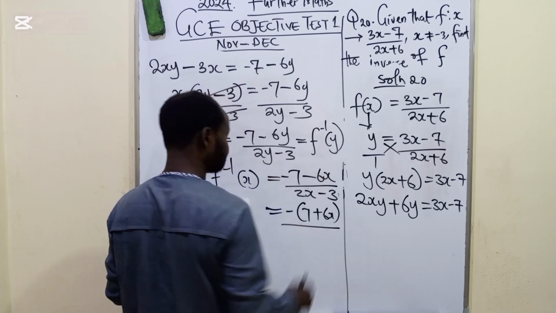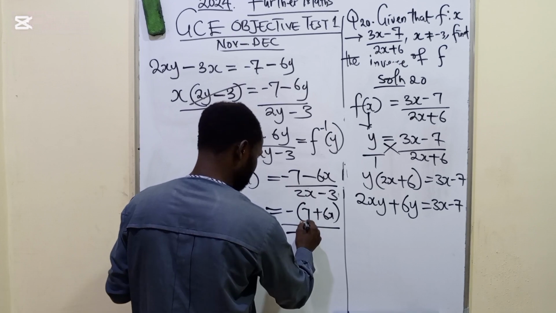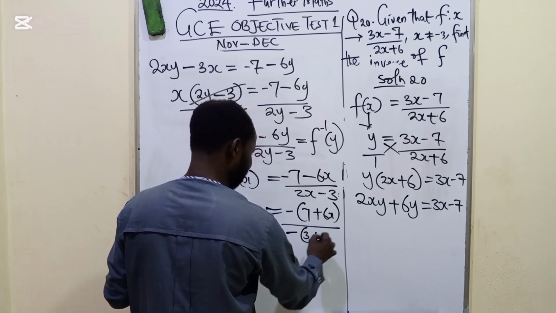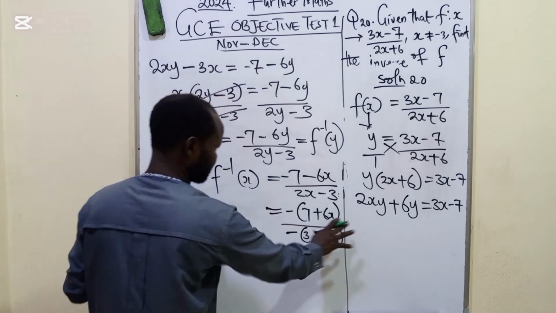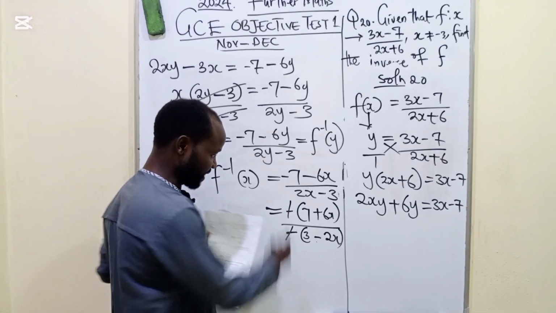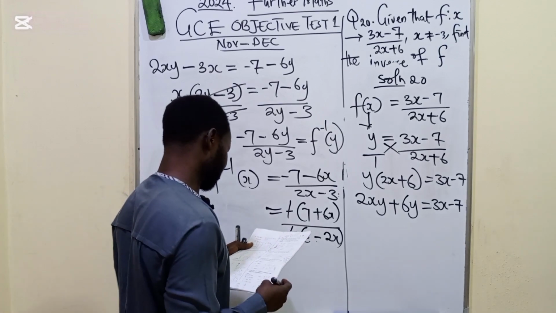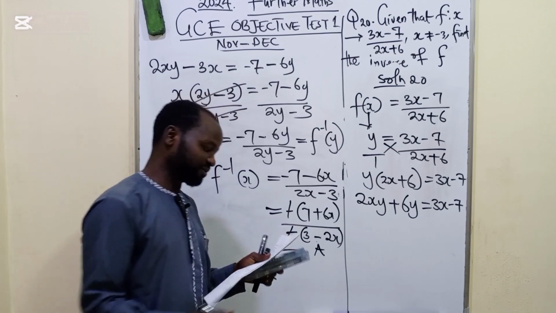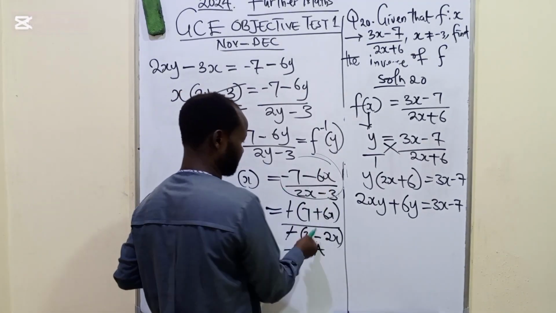Then divided by, let's say we factor out minus here too. That will be minus into 3 minus 2x. Because if we multiply this back, we'll still get this. So that we can divide this by minus, minus divided by minus will be positive. So we'll have 7 plus 6x, then 3 minus 2x. That will be option A. So we have to simplify it as far as we can.